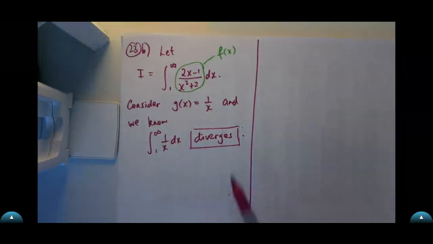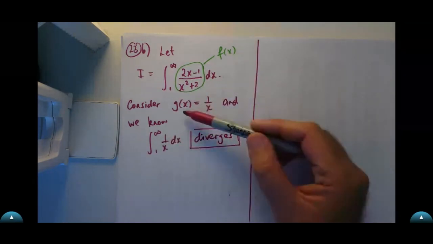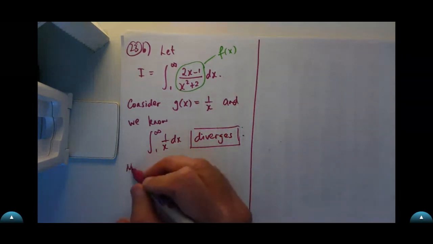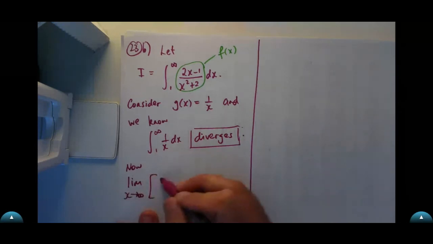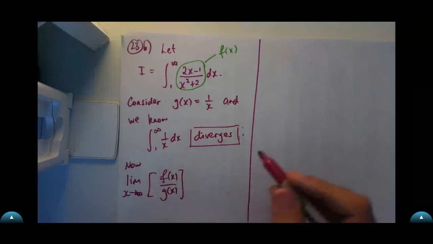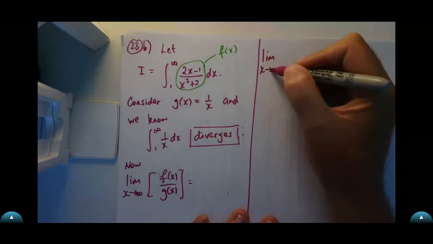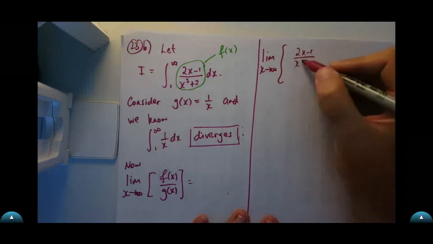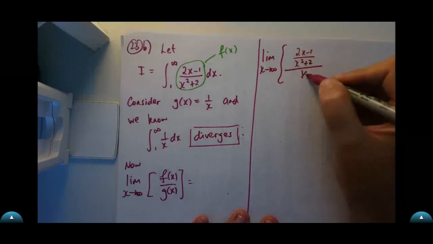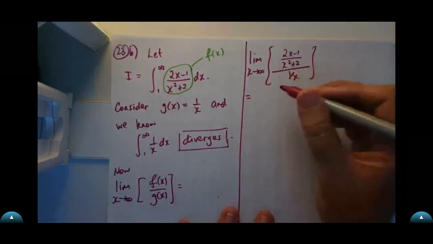Okay, it's a divergent p integral. So let's look at the ratio of f on g and the limit and see if it's finite. Okay, so let me put that up here. Okay, so we've got a bit of a mess, but I can take the x up there and then simplify.